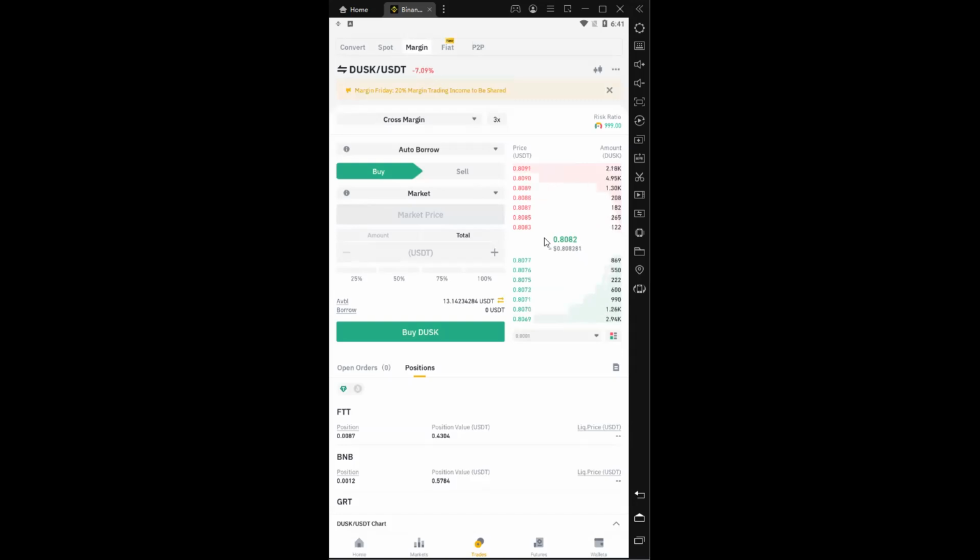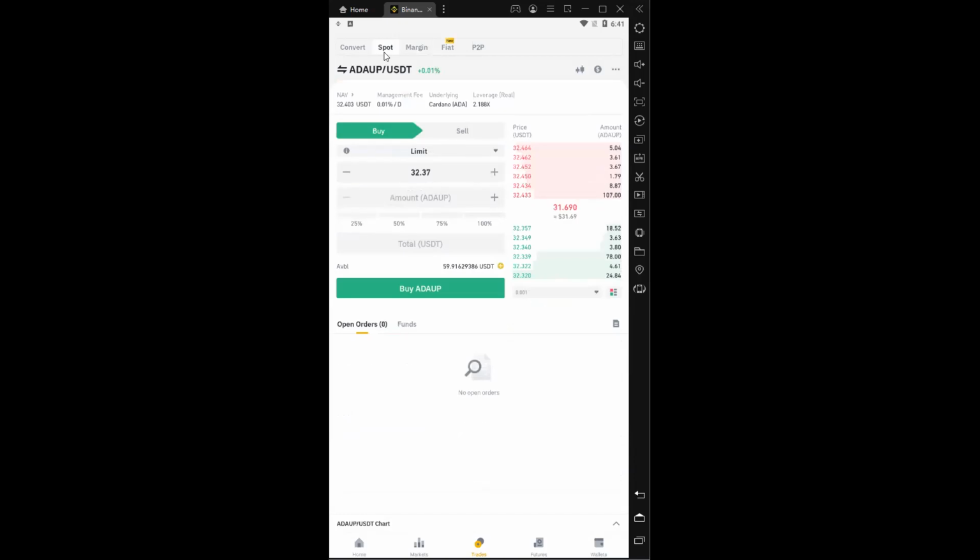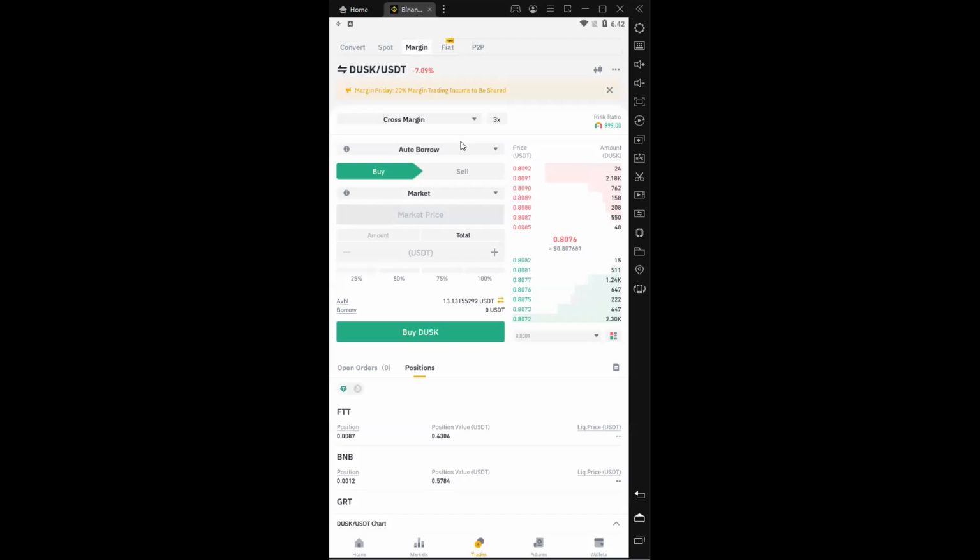But the problem is you can't use that $300 to buy on spot. The only place you can use that $300 is on the margin option.